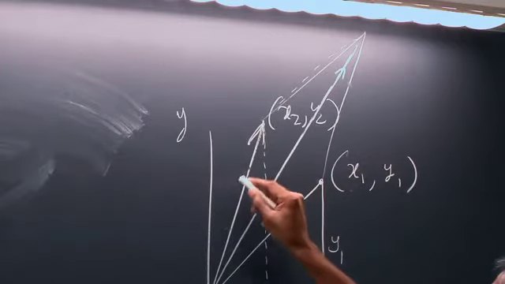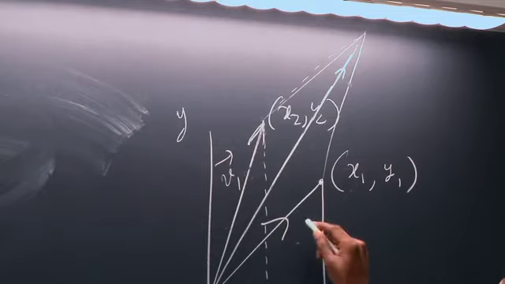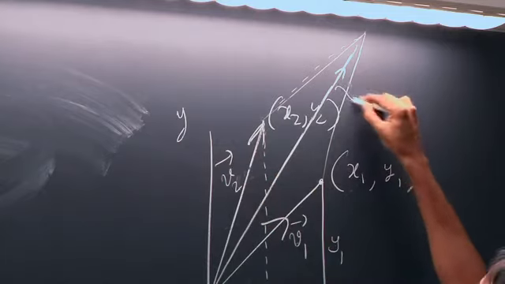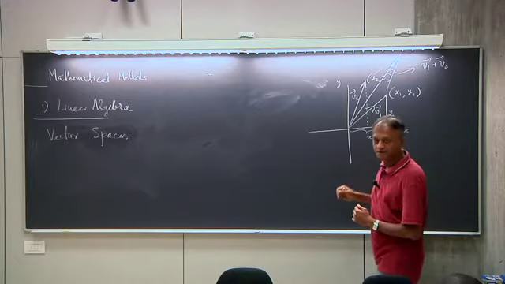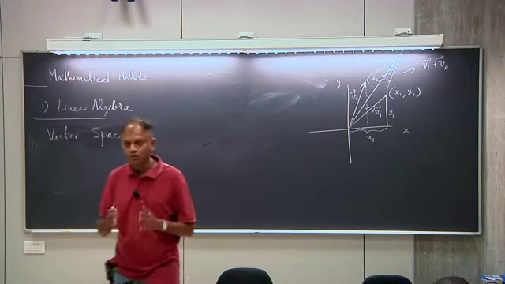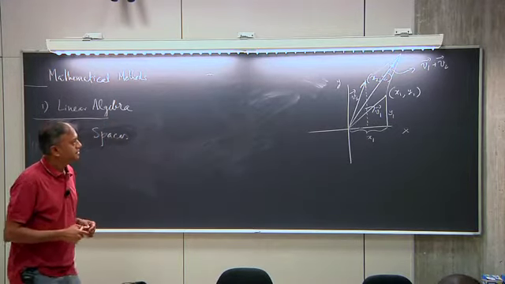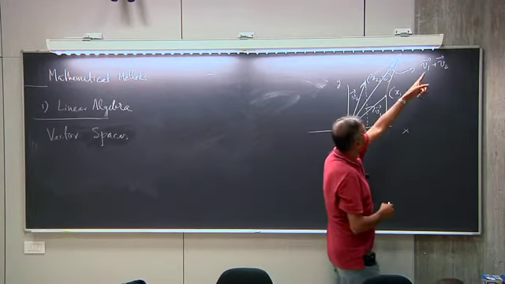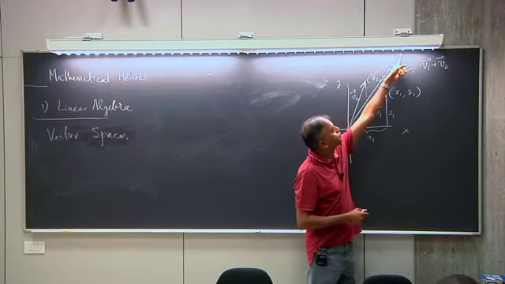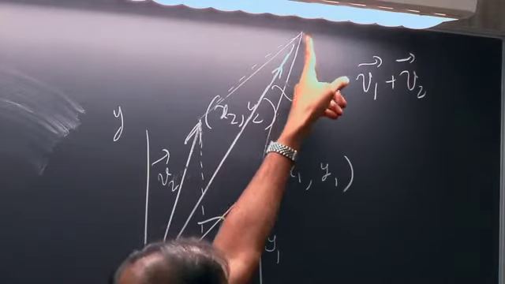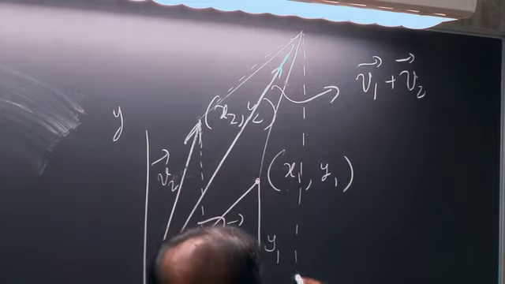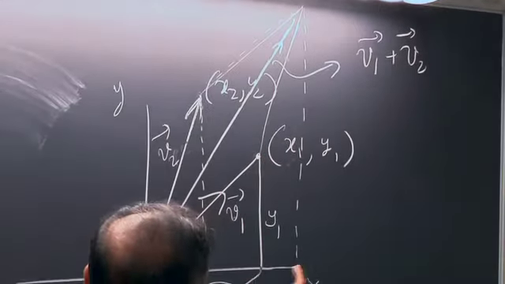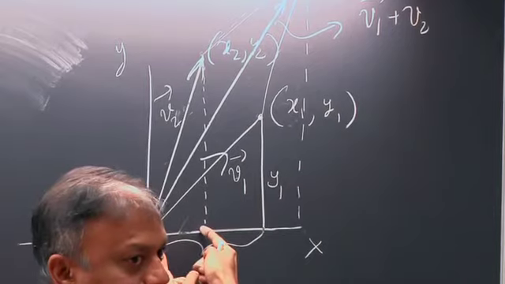So, if I call this vector v1, and this vector v2, then this vector is v1 plus v2. I think you're all familiar with this, the rule of addition of vectors. Well, you can ask, for example, what are the coordinates of this point? Well, if you draw a perpendicular down here, this length clearly will be equal to that length plus that length, right?